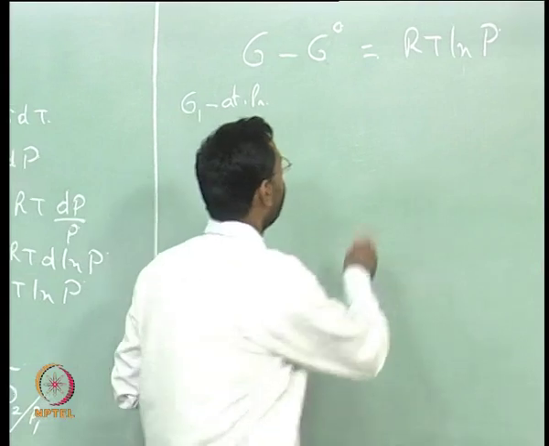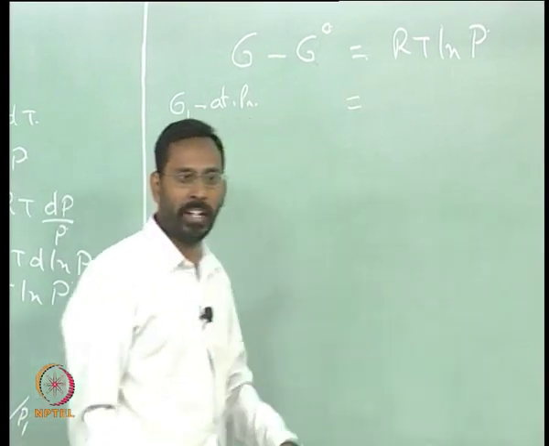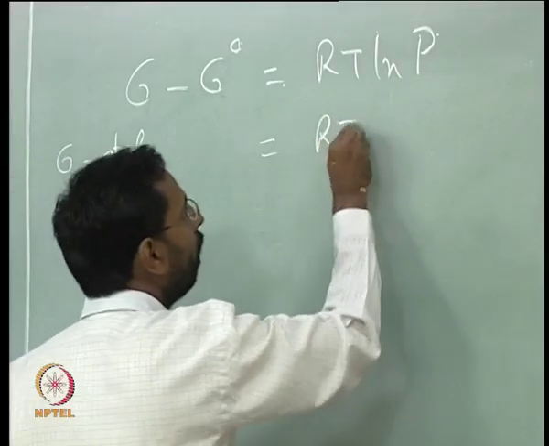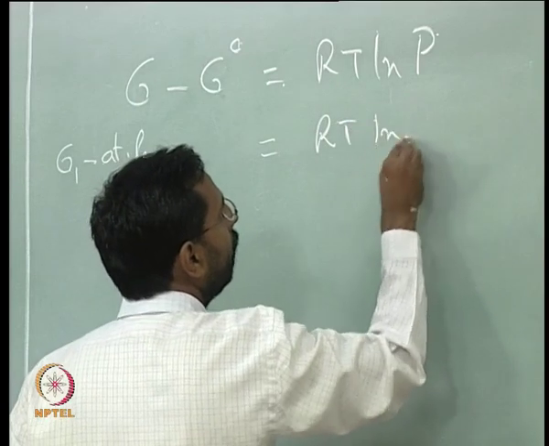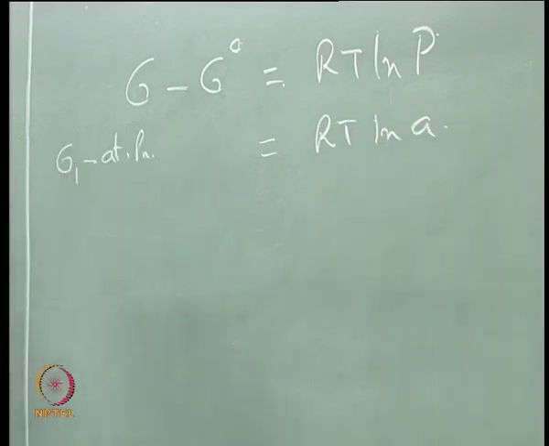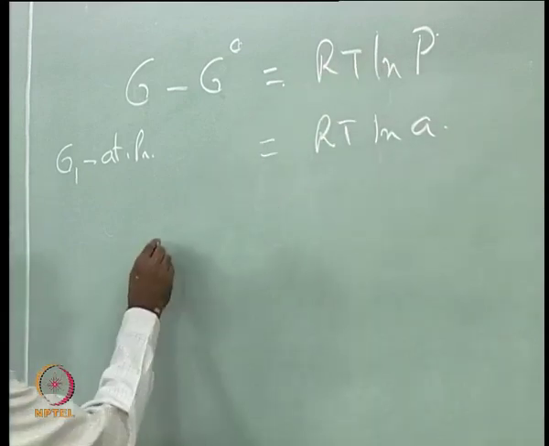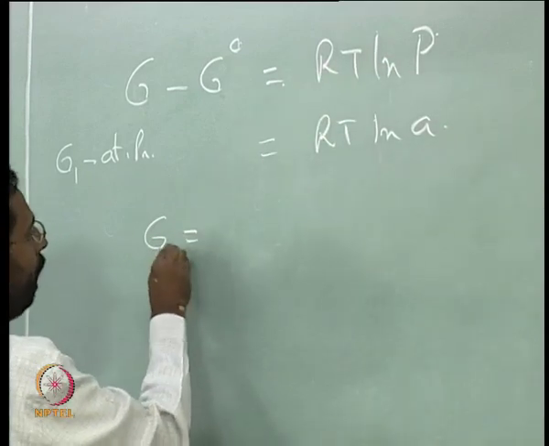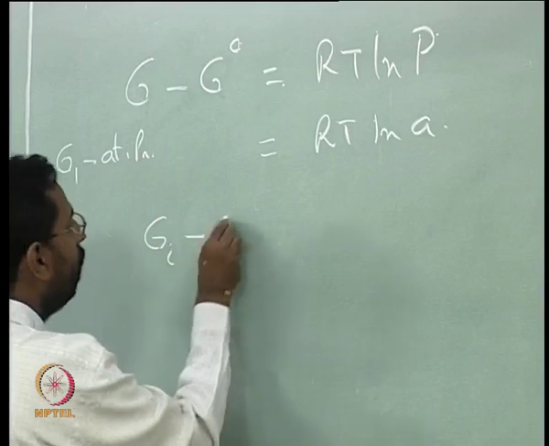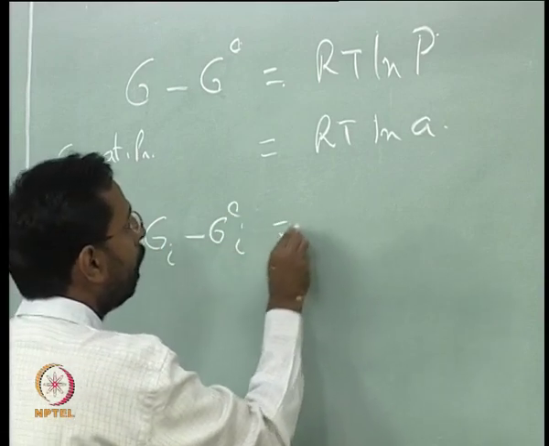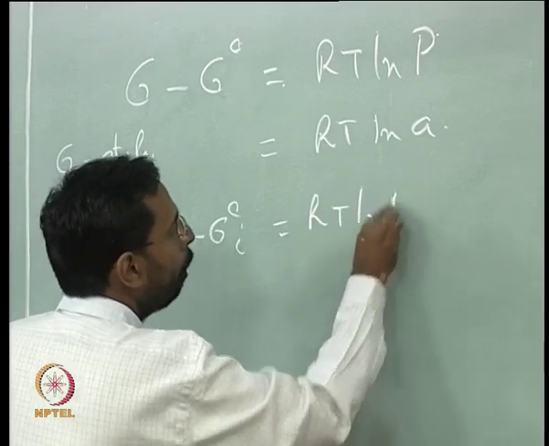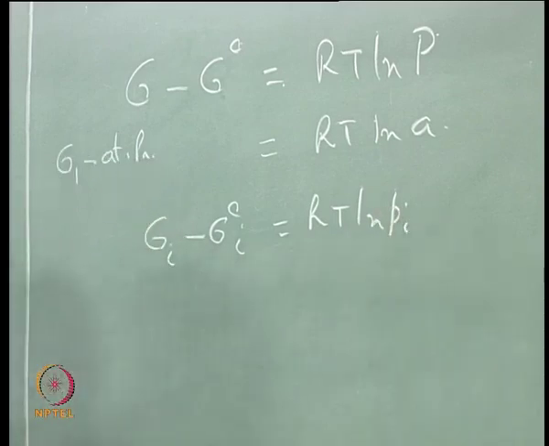So I can write G minus G naught is equal to RT ln P. And the same thing, if you are talking in terms of activities, I can write as RT ln A. If we are talking of a mixture of gases, you can write Gi minus G naught i as RT ln Pi for a particular gas.